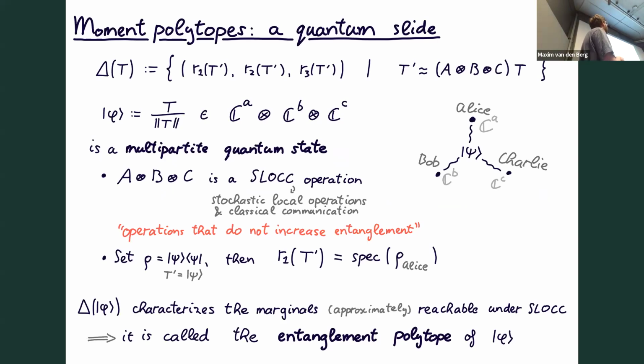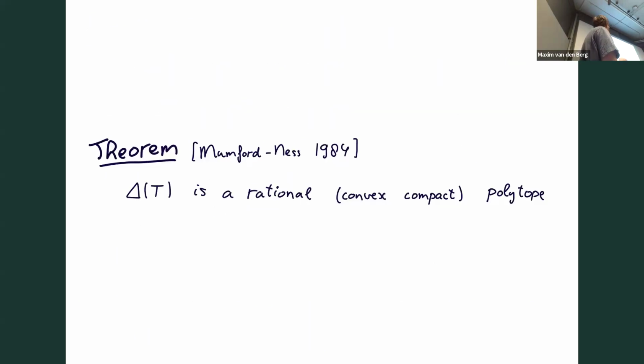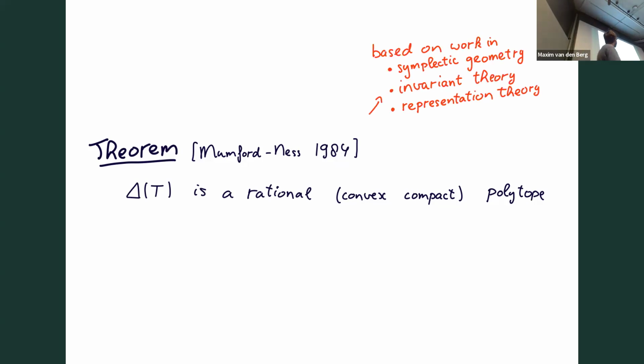We're doing ABC with identity, taking eigenvalues, all nonlinear operations. And somehow what we get is a set that is defined by a finite set of linear inequalities. So this theorem has a long history. It is based on work from invariant theory, representation theory. This was kind of the basis for why these objects are cool and nice to look at.